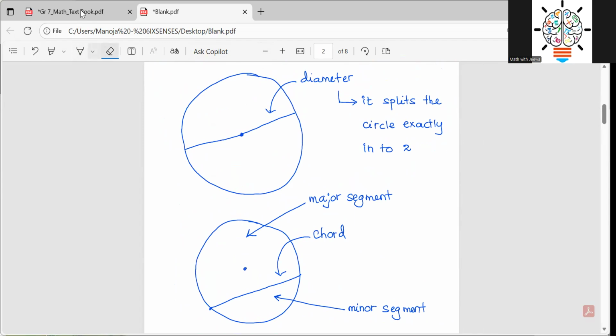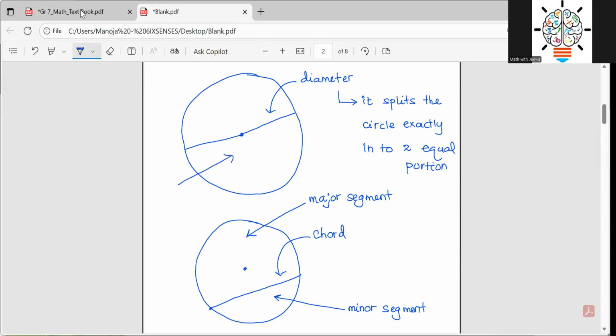Equal is the important word. One portion we call the semicircle. But when you have the chord, you divide it into unequal pieces, the major segment and the minor segment, right?